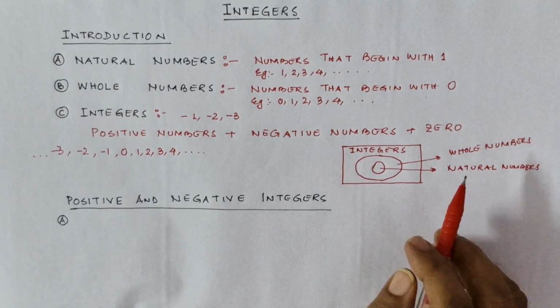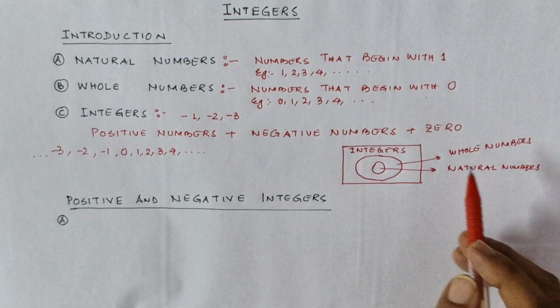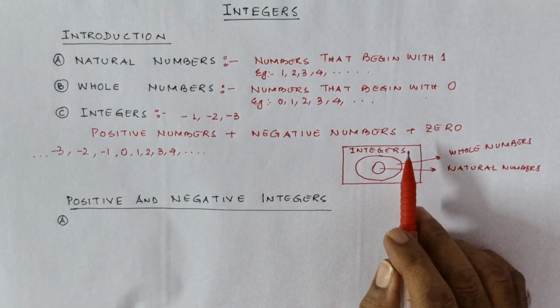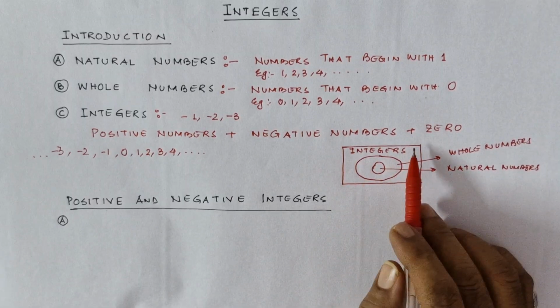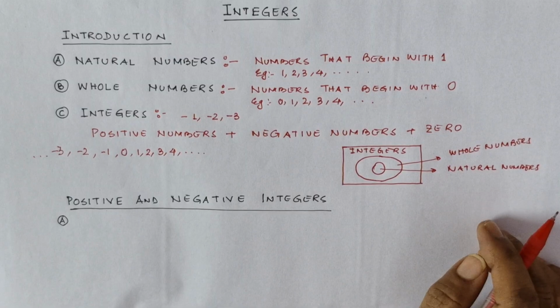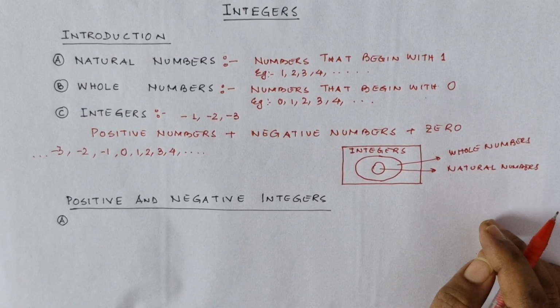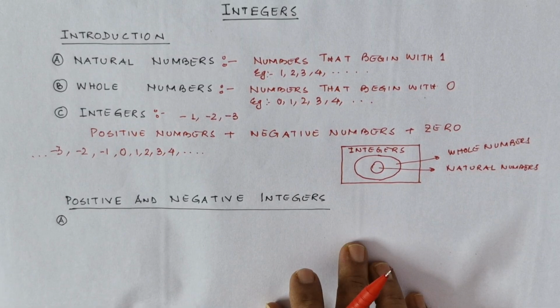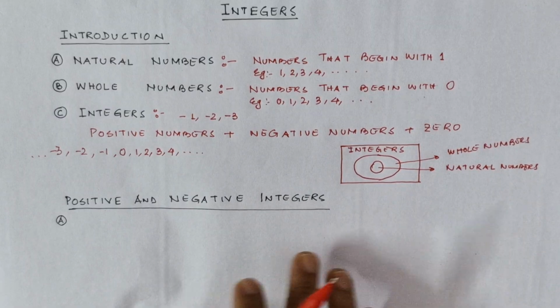Got it? The bigger one is integers, inside that is whole numbers, inside that is natural numbers.